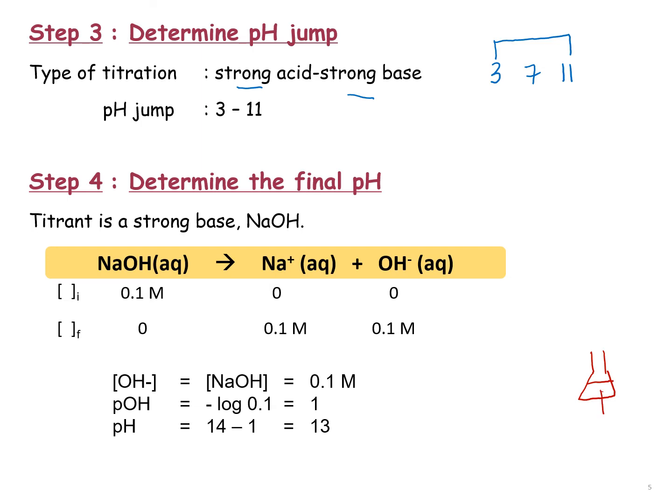We have mixture. Mixture of what? Mixture of salt solution dengan titrant. Okay, salt solution ada dia punya pH dia tersendiri. Titrant ada pH dia. So, these two pH kita tak boleh nak bezakan berapa pH salt, berapa pH titrant. So, it will mix together.